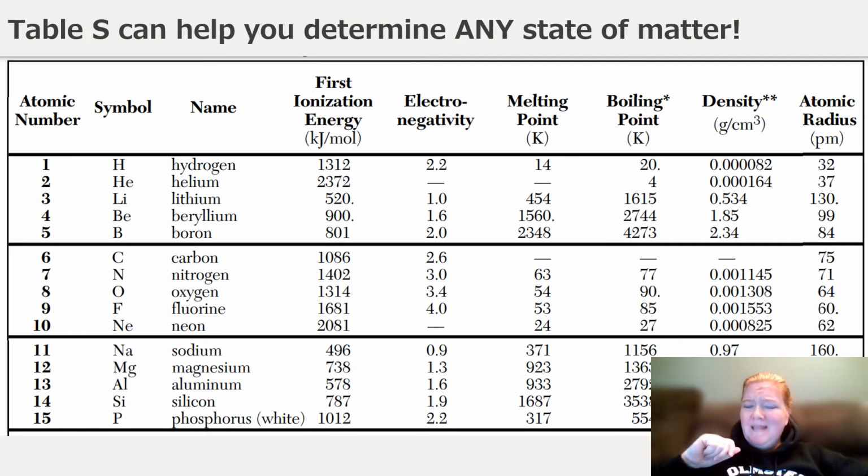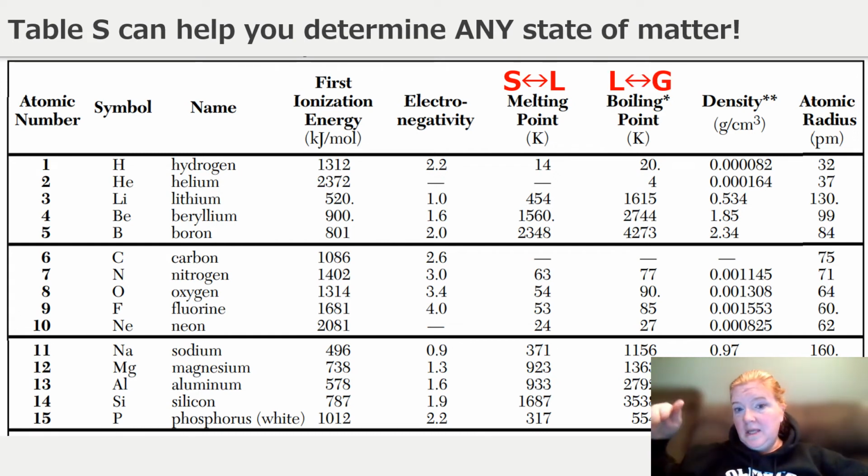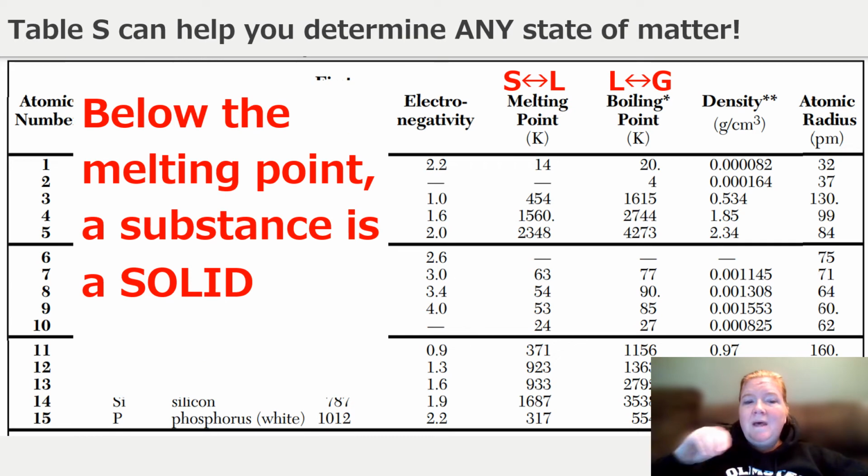Now, Table S can actually help you determine any state of matter you were ever asked. If you're asked what state of matter this element is in at this temperature, just use Table S. You have the melting point, which means going from solid to liquid, or from liquid back to solid. And the boiling point, same thing, from liquid to gas or gas back to liquid. Below the melting point, the substance is a solid.